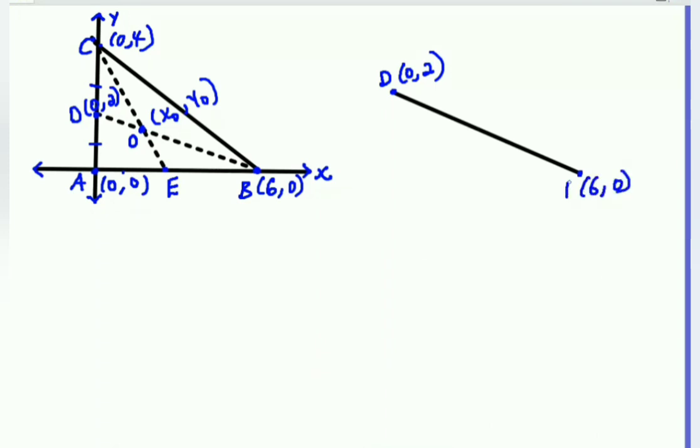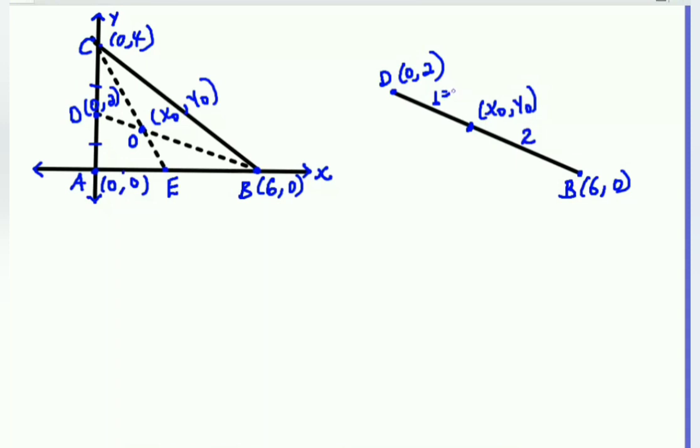Say this is B. Somewhere we do have the point in which the medians intersect. Call it x naught, y naught. By the theorem on medians, they intersect at a point 2/3 of the distance from each vertex. So this point divides this segment in the ratio 2 to 1.